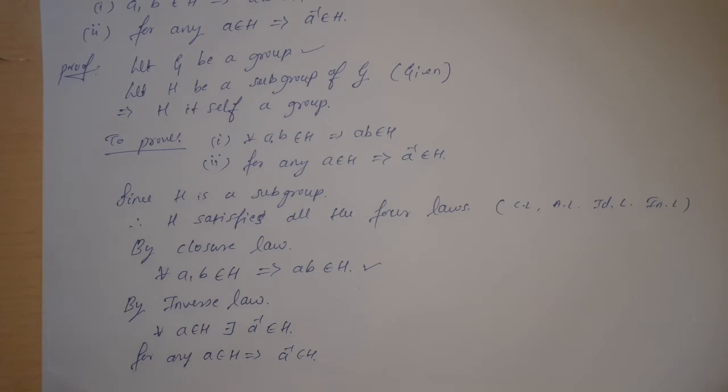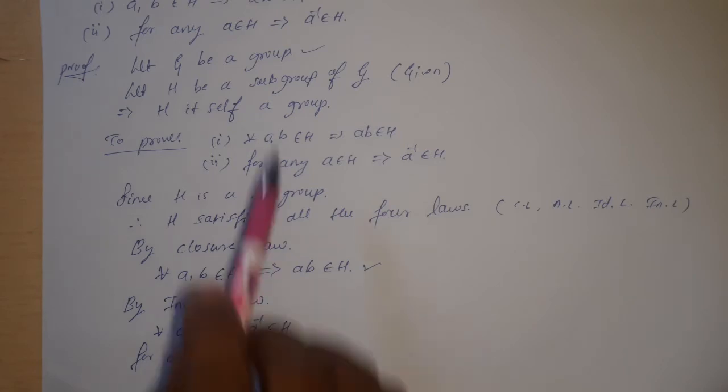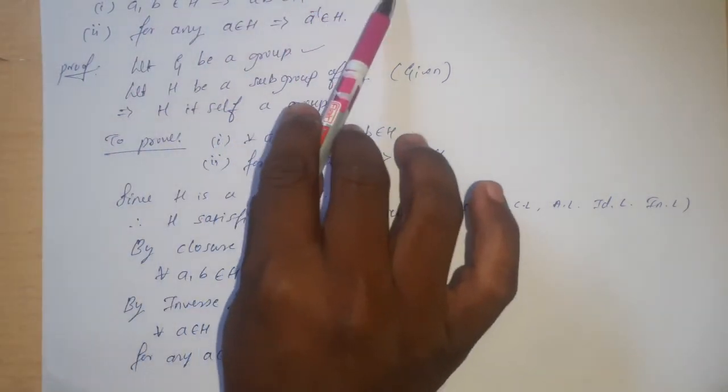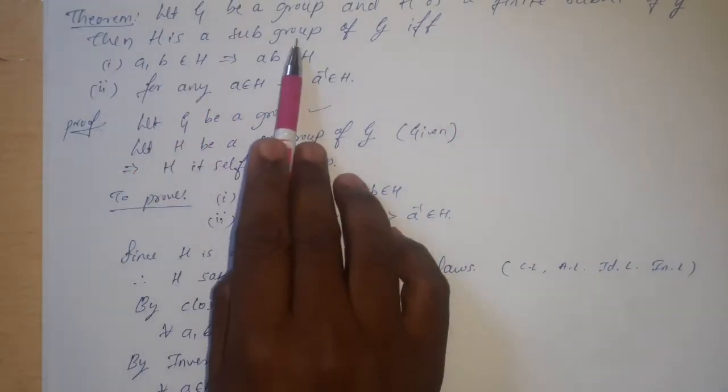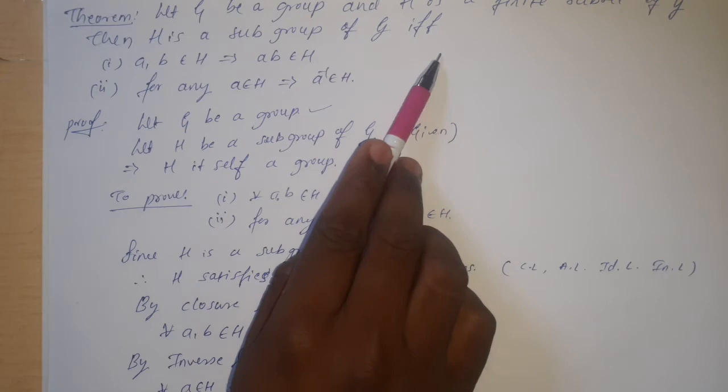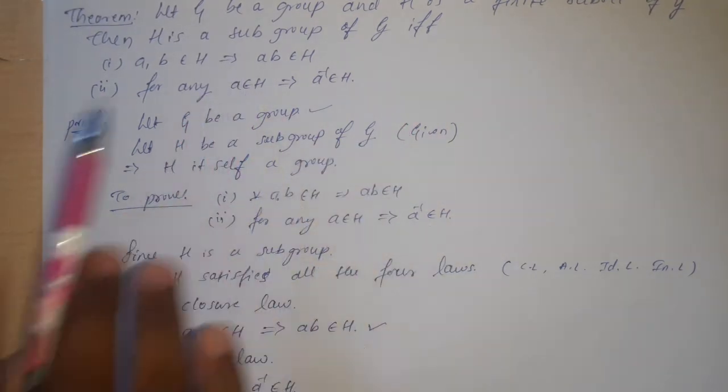So any subset of a group G is a subgroup if it satisfies closure law and inverse law. No need to check the associative law and identity law, because this is the condition: H is a subgroup of G if and only if these two conditions are satisfied.